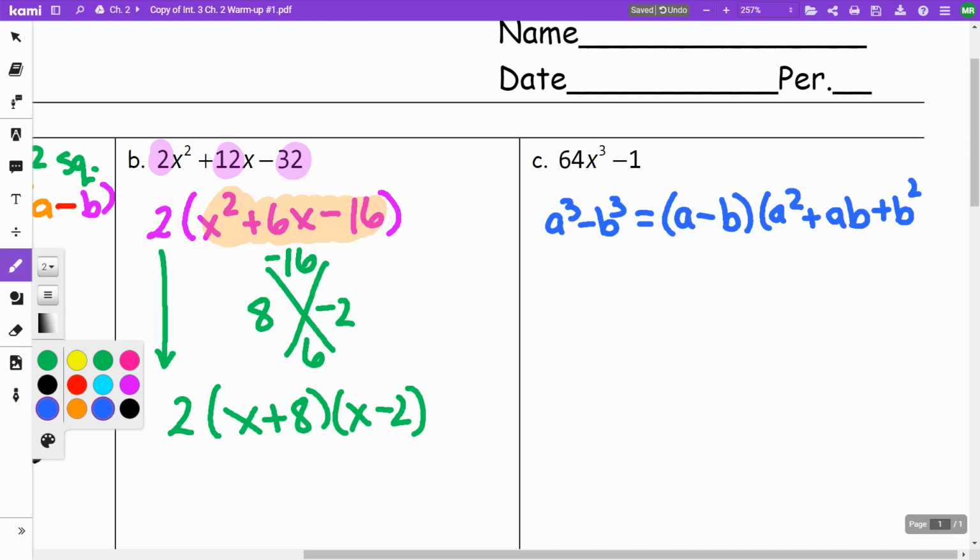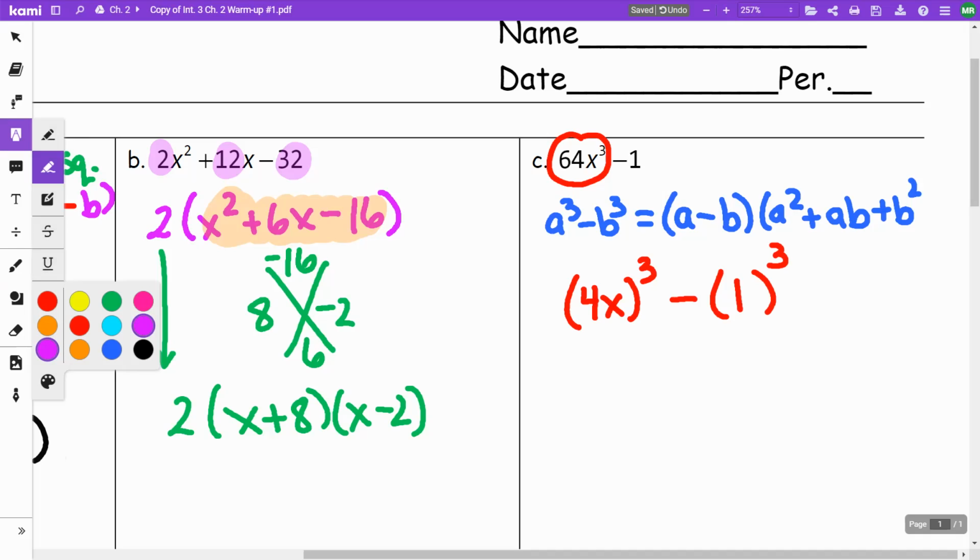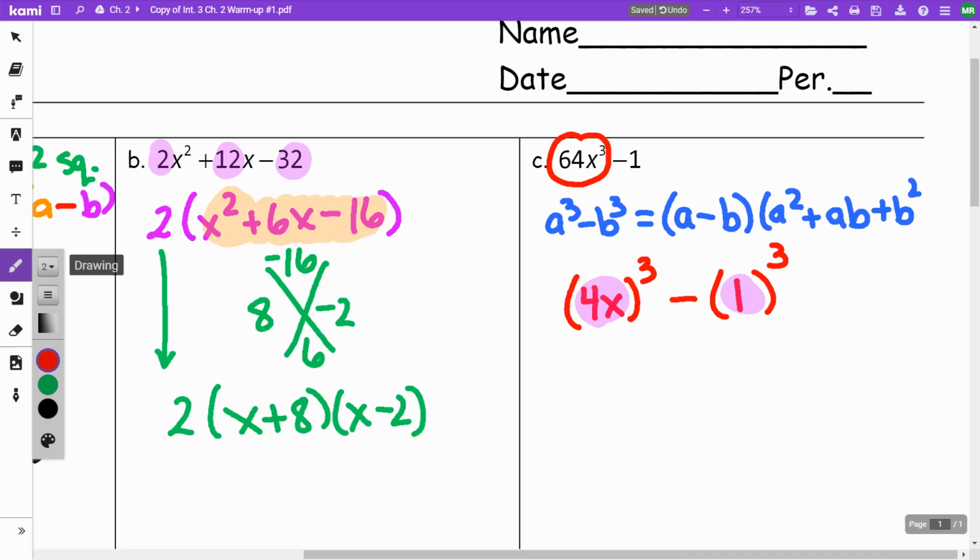So what I need to do is look at this and figure out, well, what is the cube root of this? Well, that is a 4x that was being cubed minus a 1 that was being cubed. So this is my a, this is my b. Now I'm going to think about that formula.